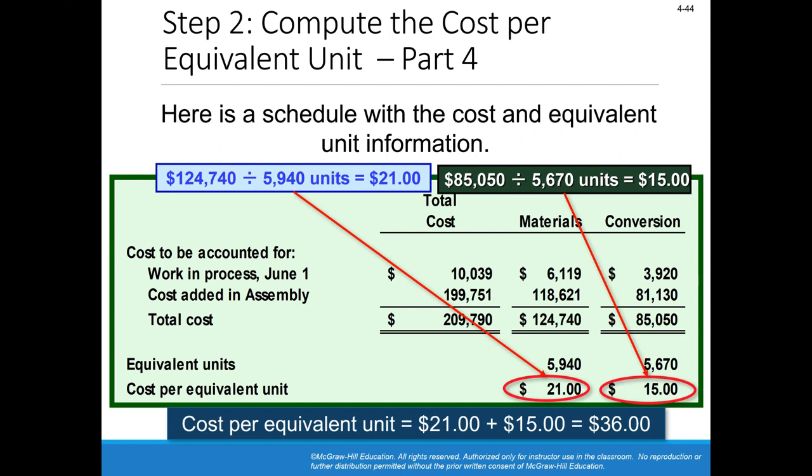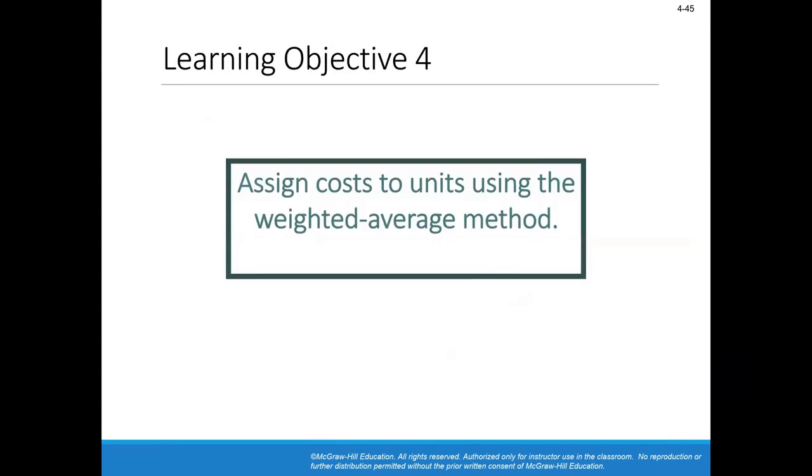And then for conversion, 85,050 divided by 5670 units, which is $15. If they want to know the total cost per equivalent unit, we add them together, the 21 plus the $15, which gives us $36. So just pay attention to what the question is asking for.